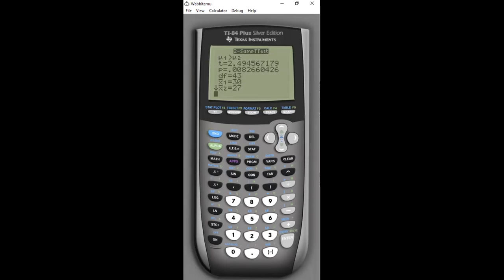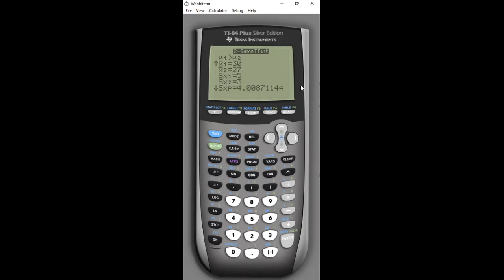Let's go down here. This is what we are looking for, the Sp pooled.